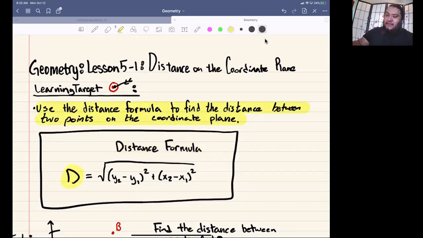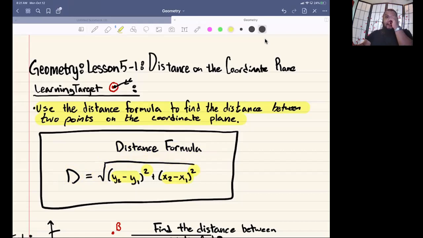d is for distance, right? It's going to equal the square root of the quantity y2 minus y1 squared plus x2 minus x1 squared.